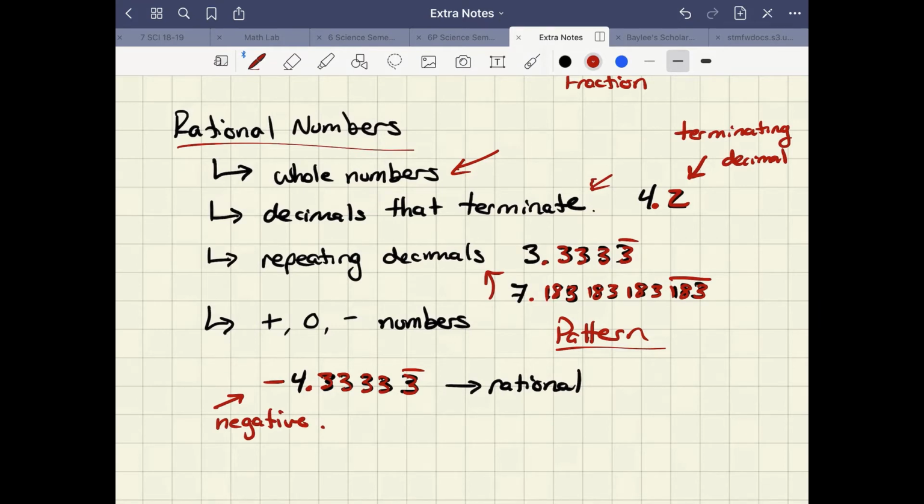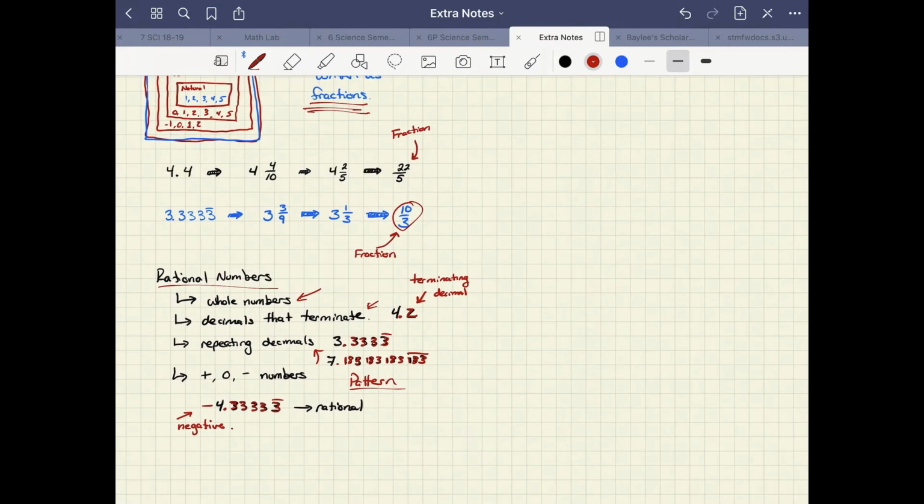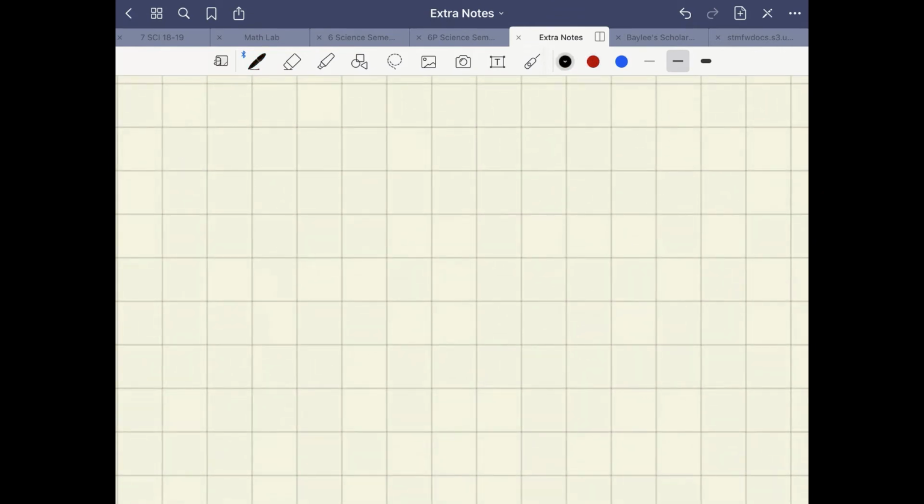So at this point you may be asking, okay, that's awesome. I love rational numbers. Thanks for the refresher, Mr. Bornheimer. Now, that still doesn't tell me what irrational numbers are. Well, I'm so glad you asked. So irrational numbers.